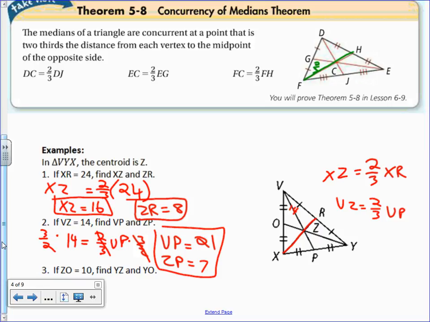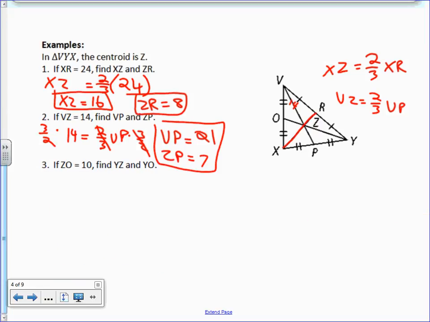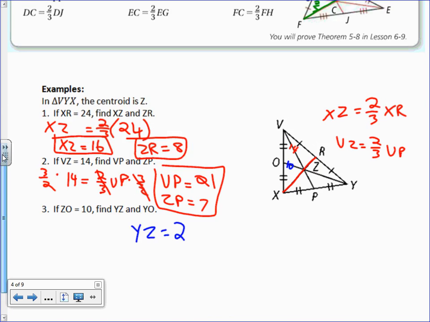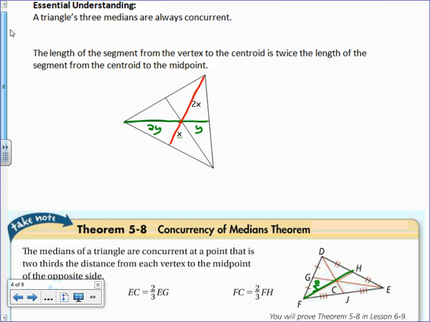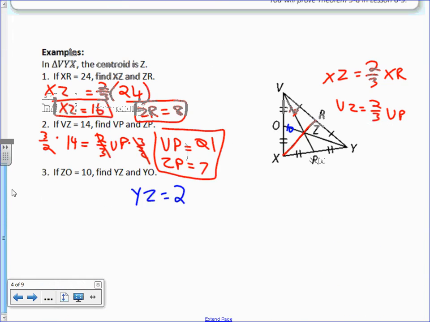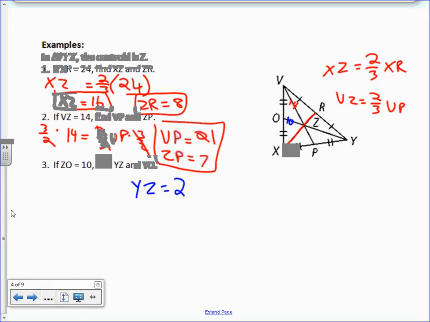All right, let's look at the last one. ZO is 10. Maybe it helps the picture. I'm just going to label it 10. Well, then YZ has to be twice that. So I'm not using the theorem directly now. I'm just using what we said earlier, that the length of the segment from the vertex to the centroid is twice the length of the segment from the centroid to the midpoint. So YZ would have to be twice 10, so then YZ is equal to 20.